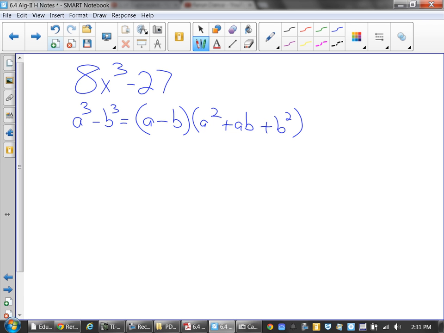When I start to peel out what the a value is equal to in this case, remember, the a value here is 2x. The a value is 2x, whereas the b value now is 3. And Jessica, this is what you were doing. It's the quantity 2x squared, because the a value is 2x.